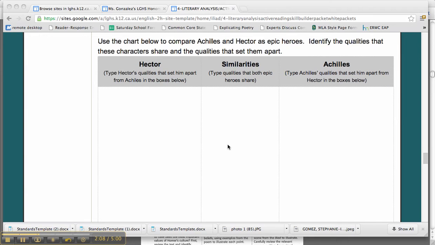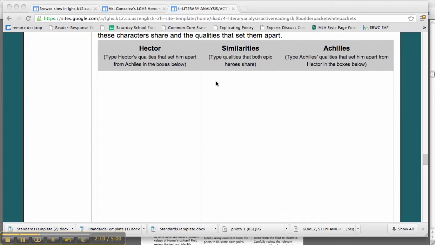In the middle column, you're going to write again bullets, descriptive phrases, or just notes on the qualities that they share, that they both have in common. Again, we're looking for another 3 to 4 similarities. They don't have to be complete sentences, just items that you notice.